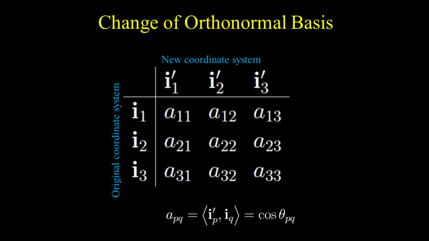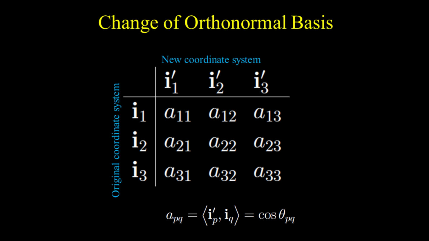For instance, the direction cosines between the unit vector I'1 in the x' axis of the new coordinate system and the unit vector I1 in the x-axis of the old coordinate system are A11 equals cosine theta 11, according to the definition of a scalar product, because I'1 and I1 are unit vectors. Their magnitudes are both unity.